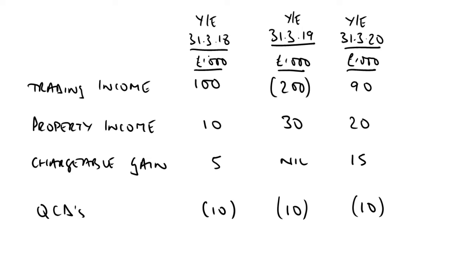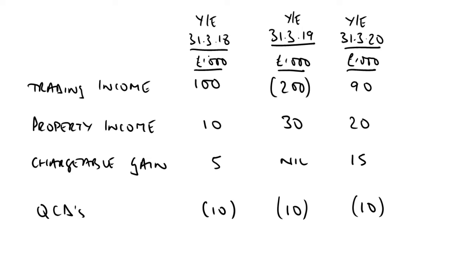We have property income figures of various amounts through these three accounting periods. And of course, though property income and trading income may be a constant in terms of inclusion on a corporate tax computation, chargeable gains are rather more one-off. They'll only arise as and when we have a chargeable disposal that gives rise to a chargeable gain.